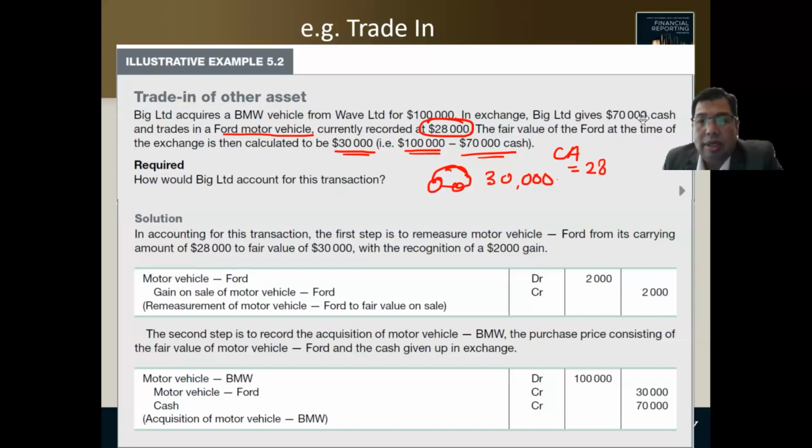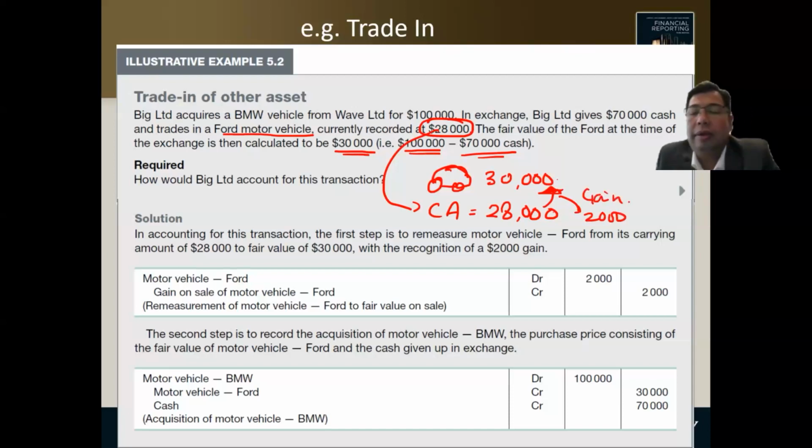This is the carrying amount, 28,000. But the supplier of this BMW vehicle agreed to accept the trade-in for 30,000. So in that case, you are making a gain of 2,000. This 2,000 is your gain on disposal. So how are we going to record that?